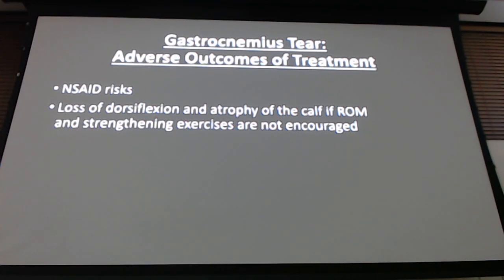Of course, treatment again, NSAIDs, it comes up a lot, right? Make sure you're not just giving them willy-nilly. So, loss of dorsiflexion, atrophy of the calf, and range of motion, and stretching exercises are not encouraged. So what that means is when you first send them to therapy, and remember I told you guys when you send them, you can put in your note what you want them to focus on, right?